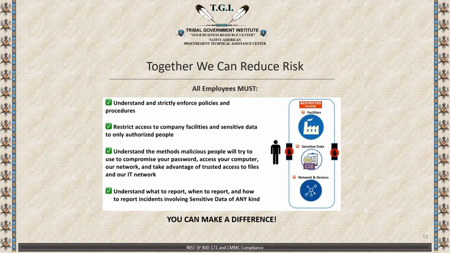Remember, when you have a data compromise of any kind, you will need to report it. Also, remember that if you have a data breach, you are not only expected to report it to the government, you also have to report it to all the prime contractors and subcontractors that you're working under. Every single one of them has to be informed of the compromise of the data all the way up to DoD.